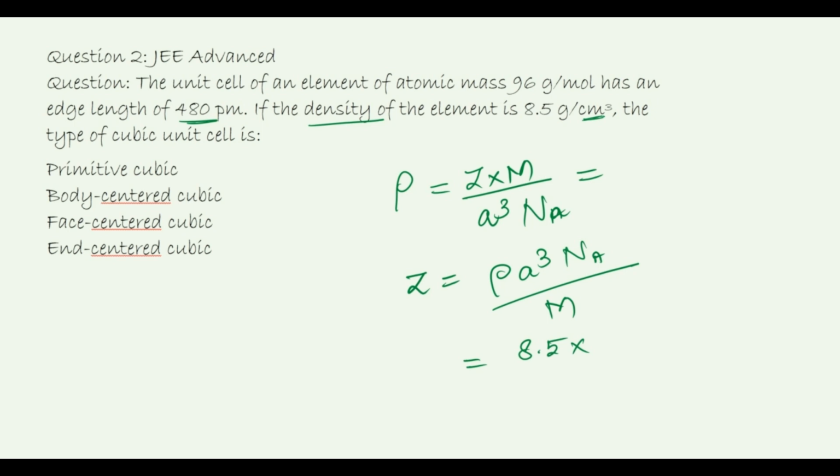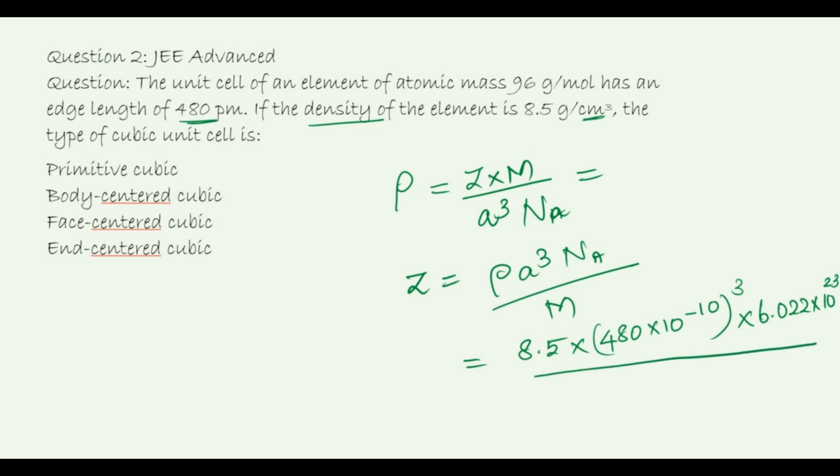So for that I am writing it as 480 into 10 to the power minus 10, of this whole cube, into Na, Avogadro number, then the M value, that is 96. Upon solving this, you will end up with the Z value as 4.